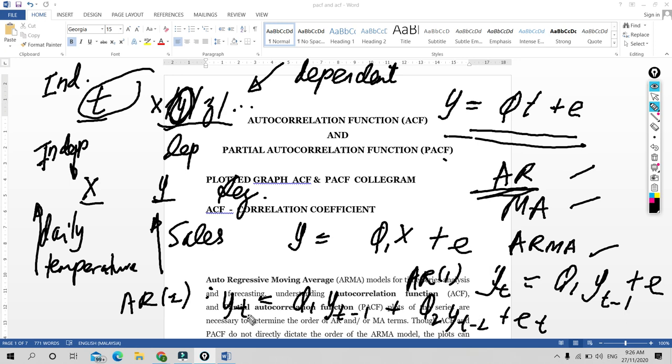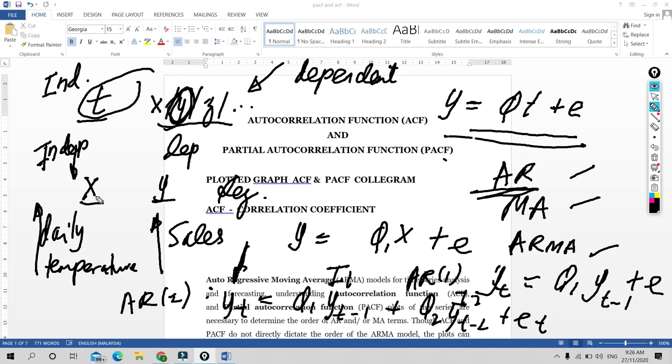So dia depend pada independent variable dia dalam bentuk data sebelumnya. This is independent variable 1 and here is independent variable 2, data sebelumnya. Okay. This is a time series.